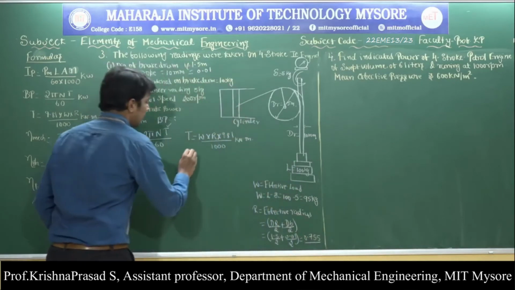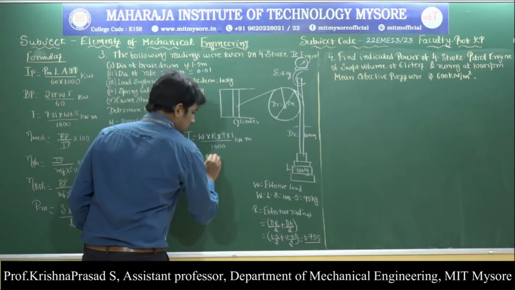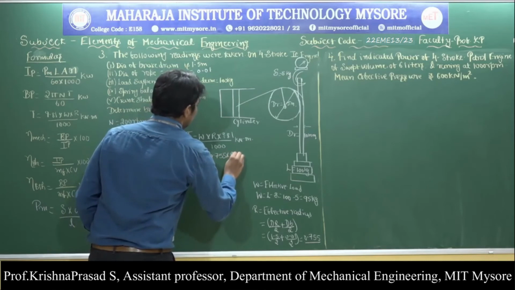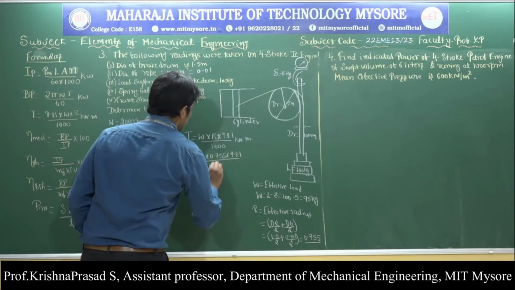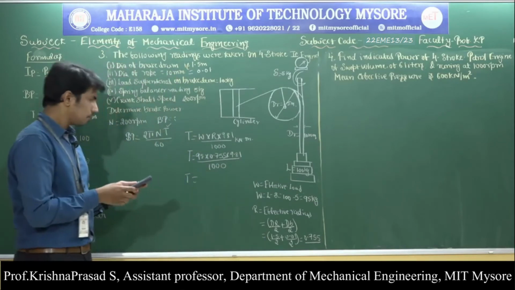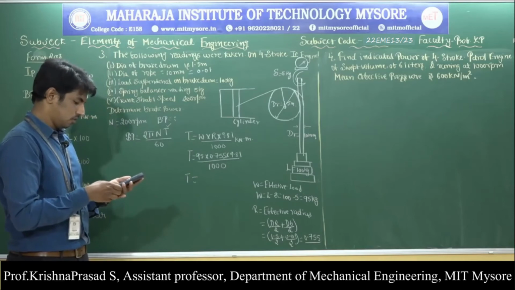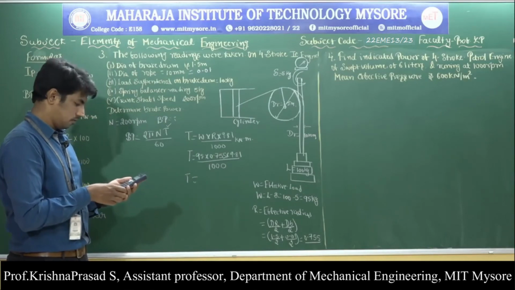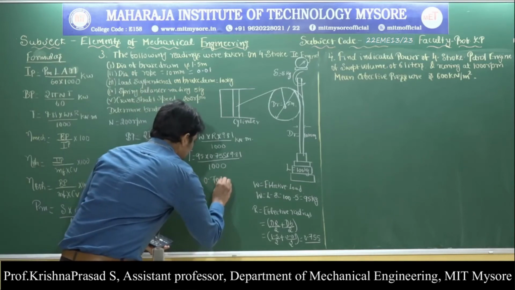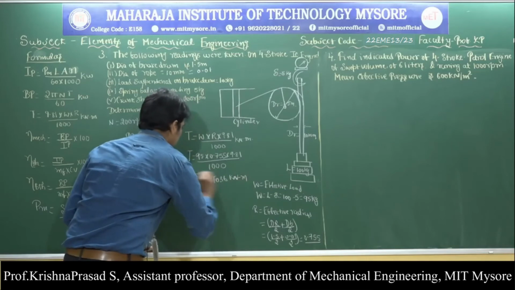Now substitute the values in the torque: W is 95 kg, R is 0.755, into 9.81 divided by 1000, and the torque is equal to 0.7036 kilonewton meter.